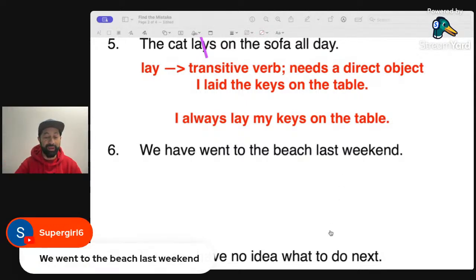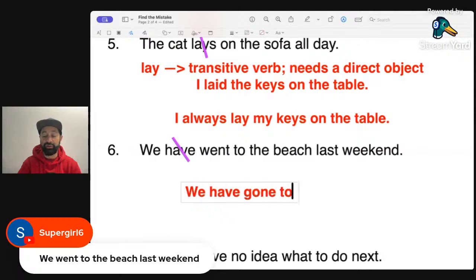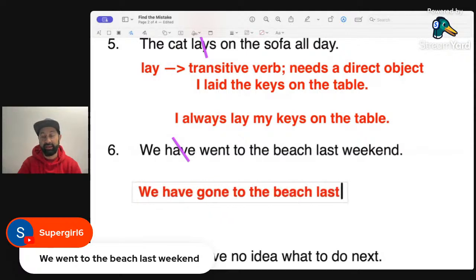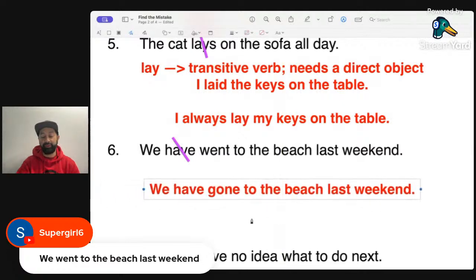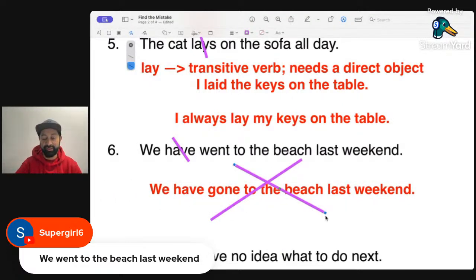Supergirl says, we went to the beach last weekend. That is correct. So we just remove have. Now, some of you, if you thought that the sentence should be, we have gone to the beach last weekend, this is also incorrect.